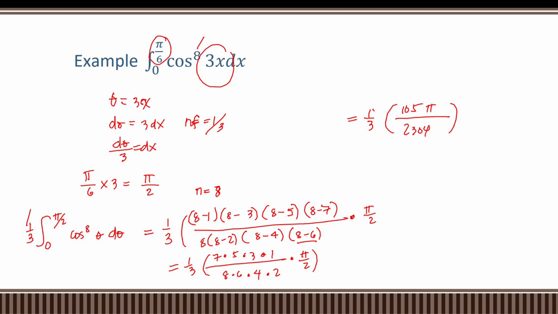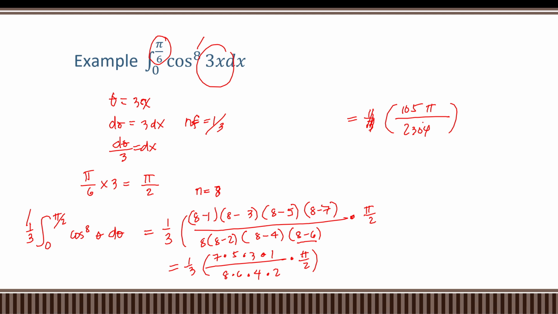We already multiplied it by 1/3, so therefore 105 over 2304. Okay, let's check: 7 times 5 times 3 is 105.